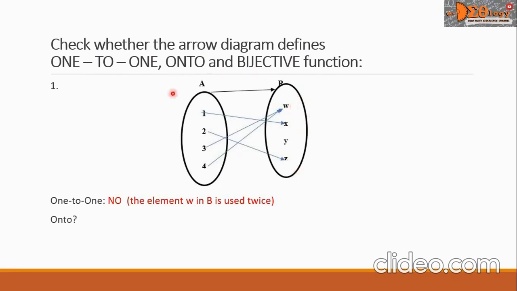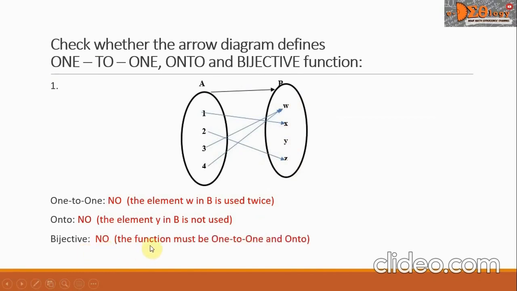Next, is the function onto? The answer is no, because the element Y in group B is not used. Is the function bijective? The answer is no, because the function must be one-to-one and onto. This is our final answer.